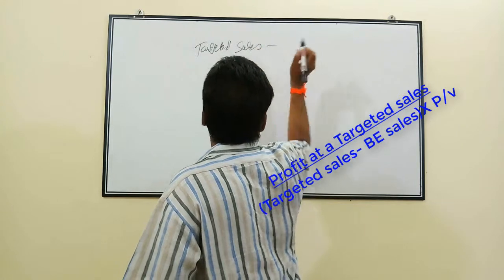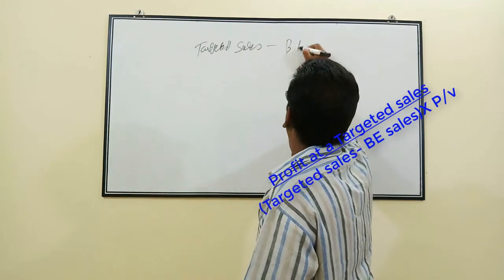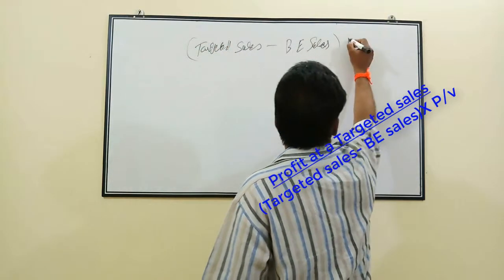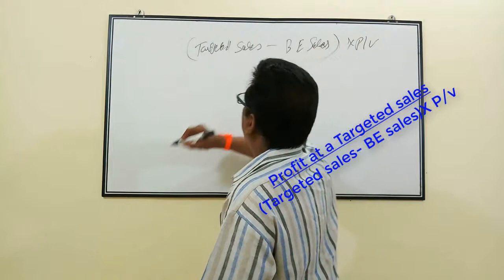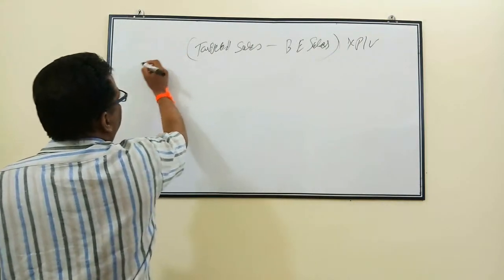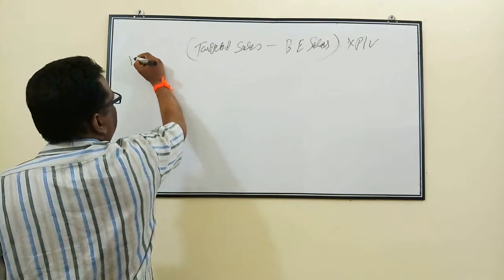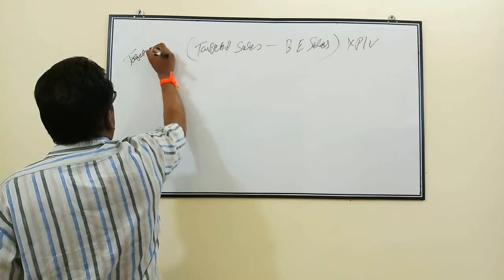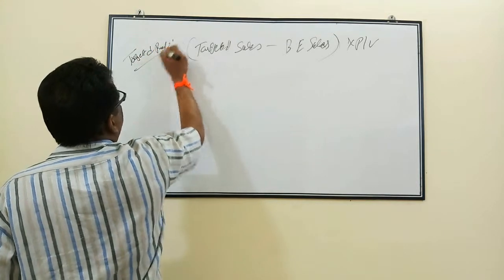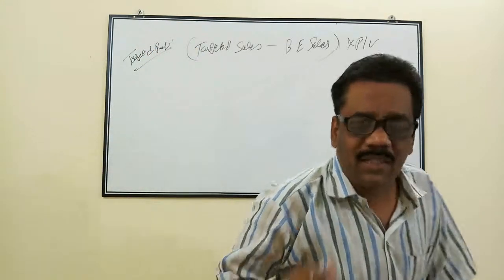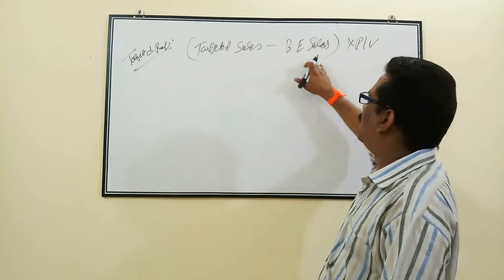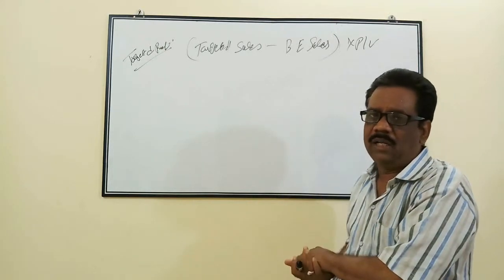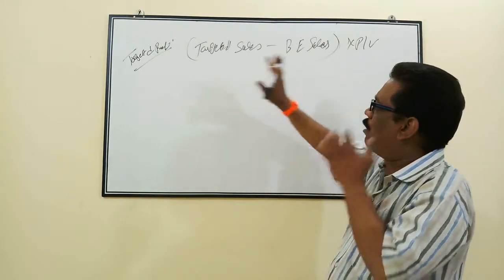So the difference between targeted sales and break-even sales multiplied with the PV ratio is what we call targeted profit. To derive the targeted profit at a given sales, the difference between targeted sales and break-even sales multiplied with the PV ratio gives the targeted profit.